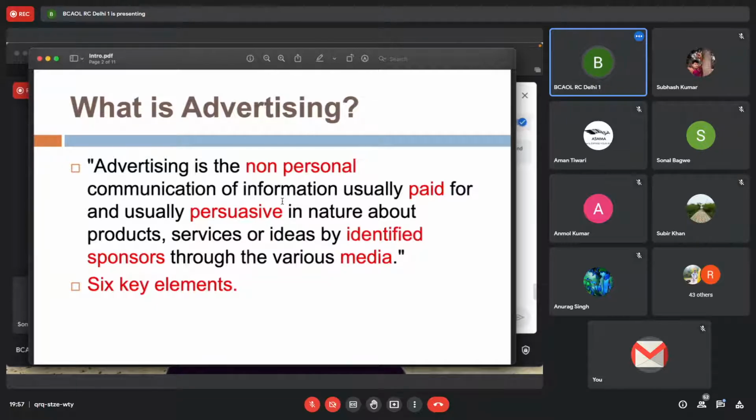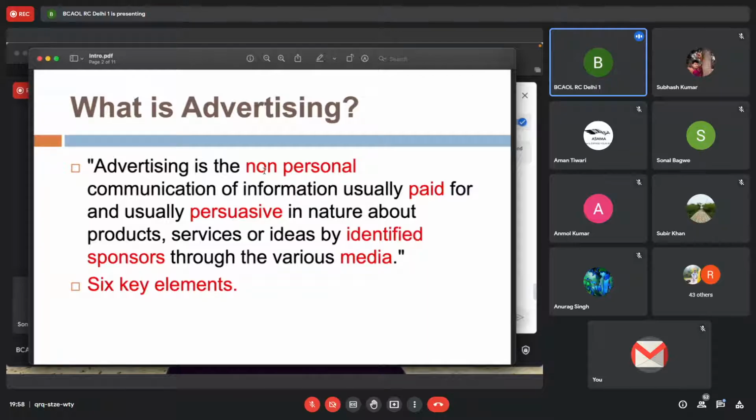And identified sponsor. Since you are paying for it, you can easily identify and tell, okay, this is the person who paid me. So identified sponsor through various media. We'll discuss what kind of media we talk about. Media is basically the channel through which you communicate your advertising.